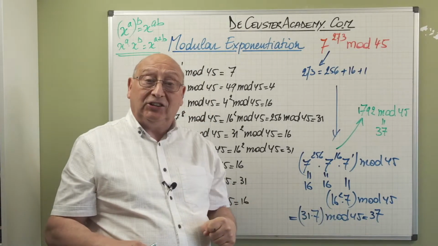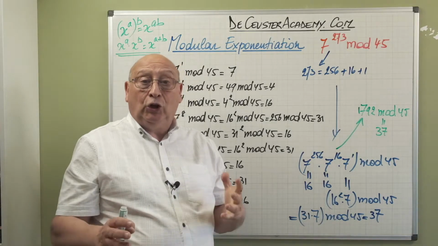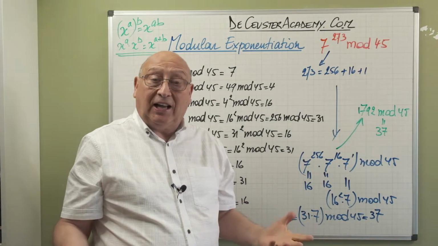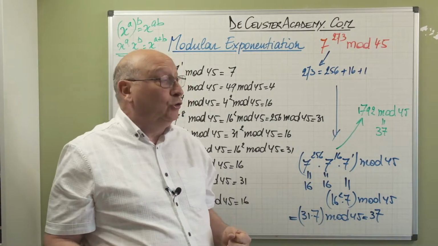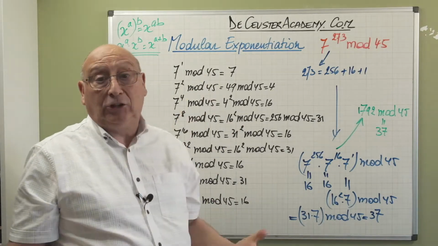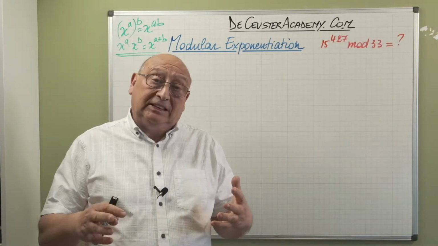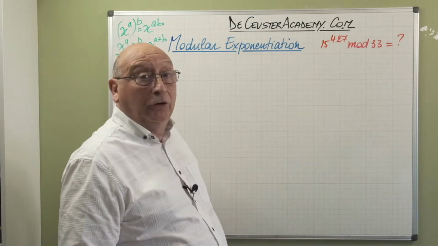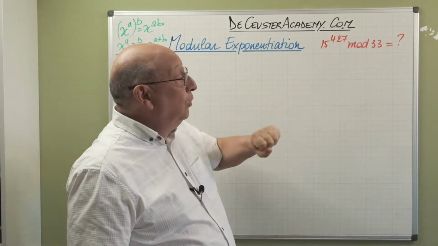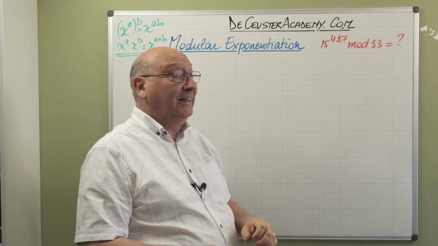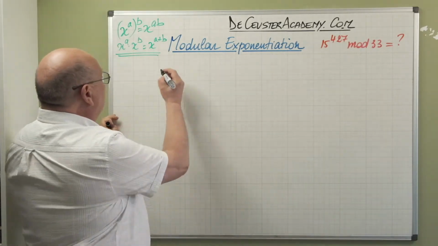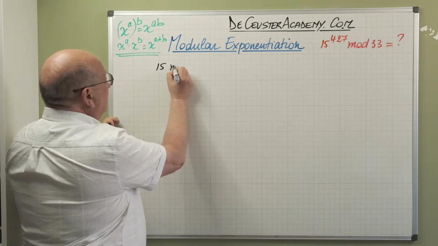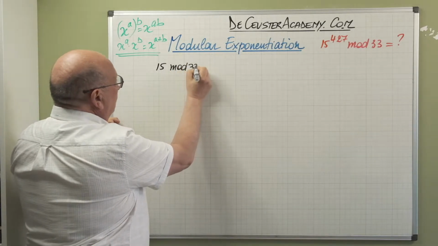Let's do another exercise so that you get used to this way of doing the modular exponentiation. The second exercise is 15 to the power 427 modulus 33. We want to find that number. So like in the previous one, we started with 15 modulus 33.